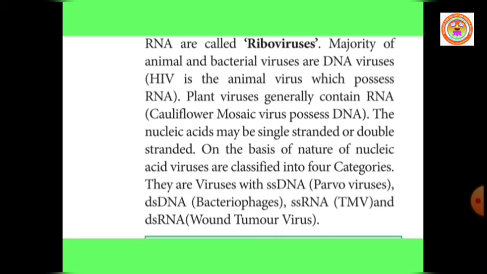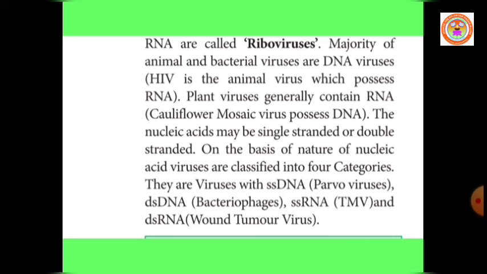Nucleic acids may be single stranded or double stranded. In nature, RNA is single stranded, DNA is double stranded. On the basis of the nature of nucleic acids, viruses are classified into four categories.